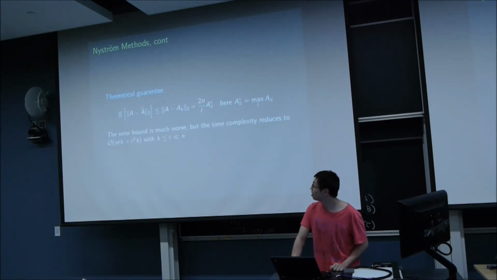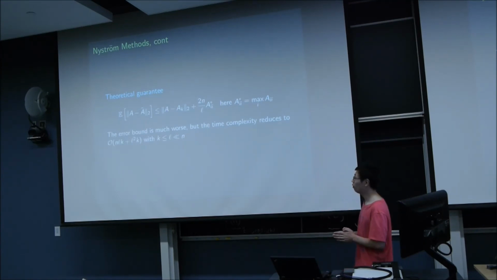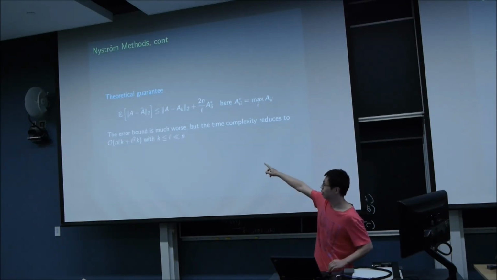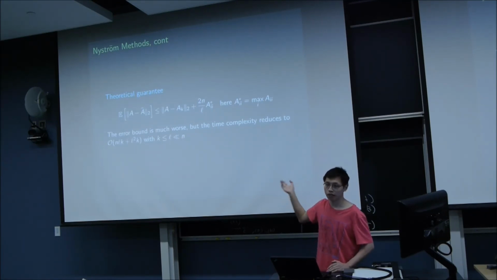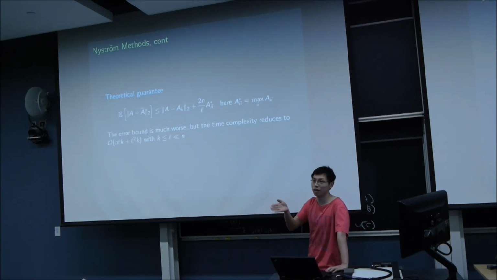But it has a price, because you only sample K columns, the error guarantee is much worse. For example, say A-hat is the rank K approximation of A, and here is the error. Because it's a random algorithm, it's an expectation here. On the right side you have 2 terms. The first is the best error you can have, the best rank K approximation, plus something you pay because you only sample L columns here.